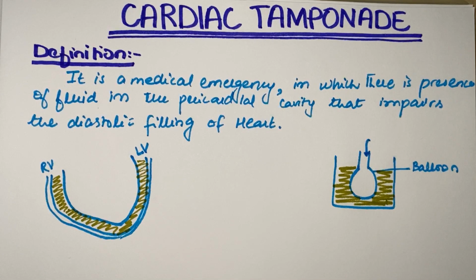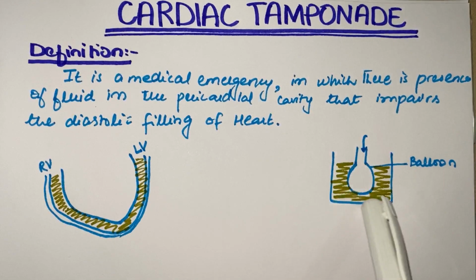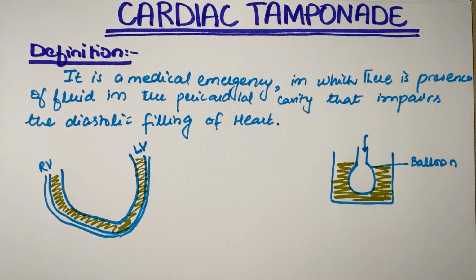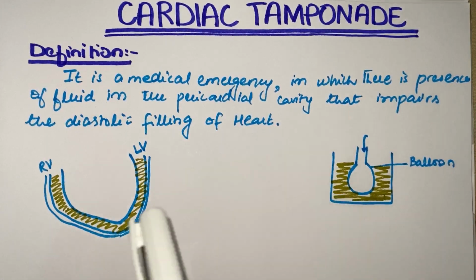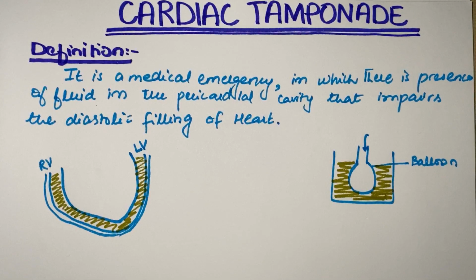What will happen is that the balloon will face resistance because of the water around it, so it will be unable to dilate properly, unable to inflate properly. This is the main concept which we will apply on cardiac tamponade, on our heart ventricles around which the pericardial cavity is now full of fluid.